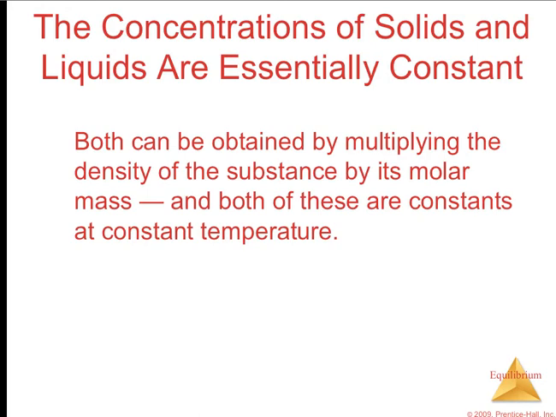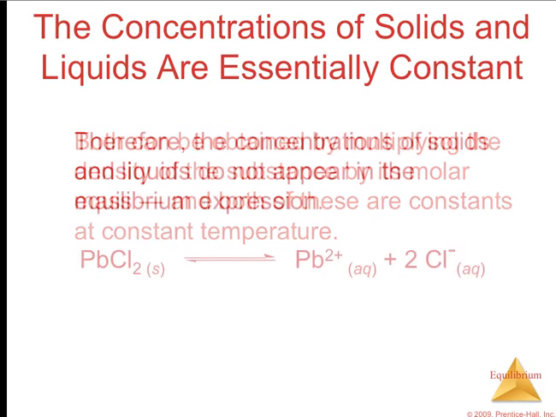We don't talk about the concentration of water. We don't talk about the concentration of, say, aluminum, if I'm using aluminum in a reaction, right? You can get a concentration by multiplying the density by its molar mass. That gives you a concentration, but it doesn't change throughout the reaction because it's a solid or a liquid, so I'm not changing that concentration.